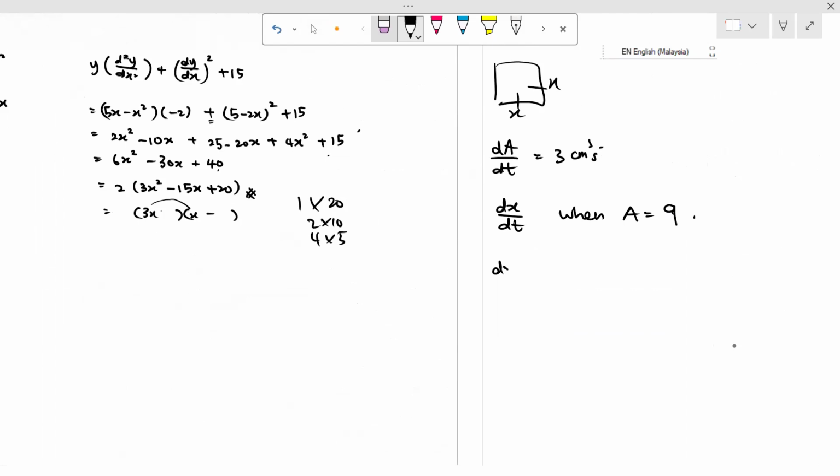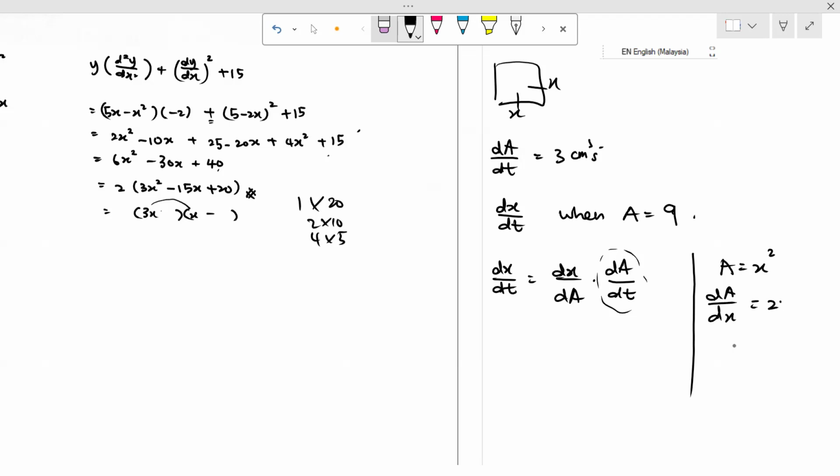So let's find the things that you want to find. You split it into two parts and you chain together by the one given, dA by dt. Now I just need to find A in terms of x. Now A is x squared, so dA by dx will be 2x.